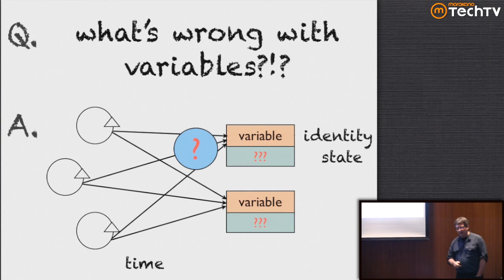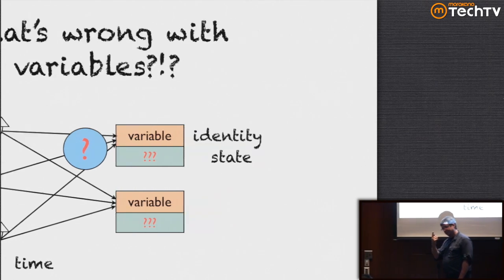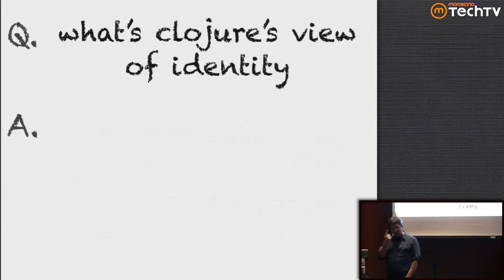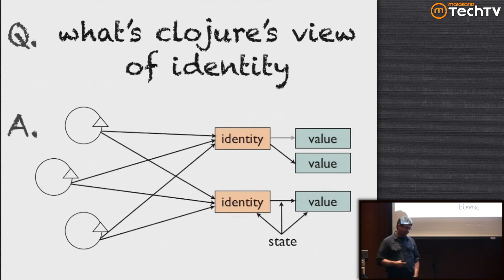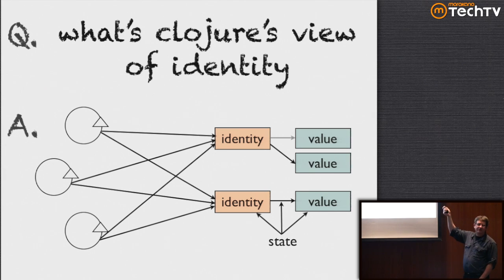What Clojure has done is said, you know what? We can fix this. So what Clojure has done is says everything is immutable save one thing. There's one thing in Clojure that you can mutate, and it's a reference. So you can have a variable that points to a reference. That is its identity. That reference is its identity, and at some point in time, it points to some value. At some snapshot in time, that is its state.